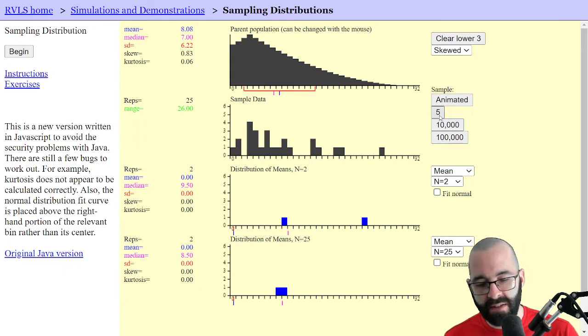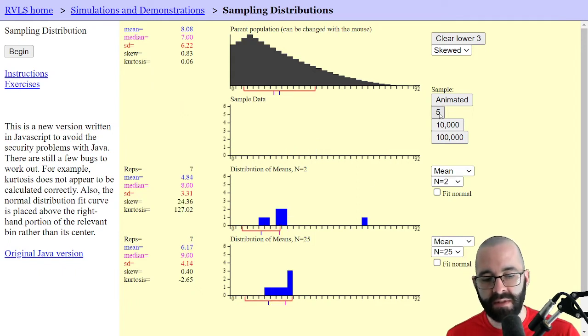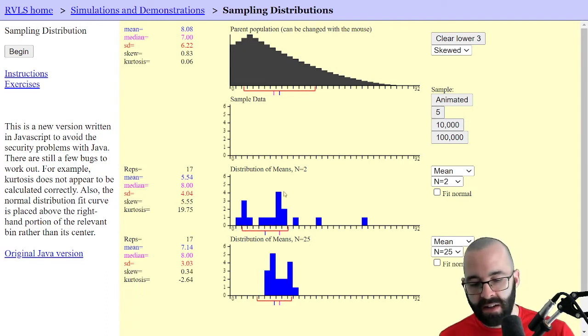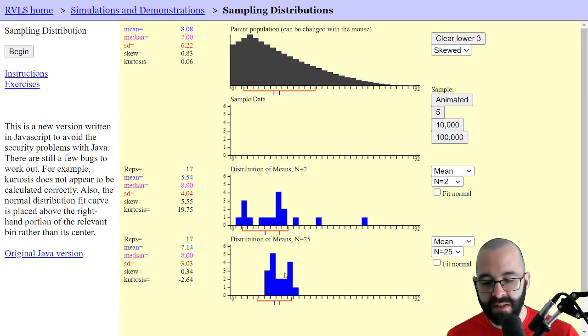So let's do this 5 more times. We're seeing that, right? When we're only asking 2 professors, the averages are kind of everywhere. But if we're asking 25 professors, the averages in their answers are much closer. Again, all of these blue blocks represent averages.